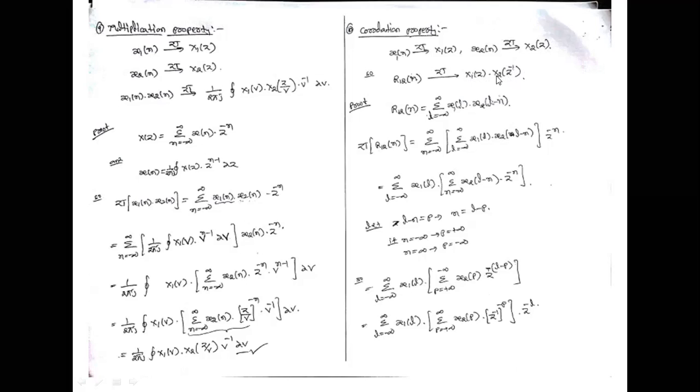Z inverse means the signal is x of minus n. X of z means the signal is x of n. We already discussed that property, the time reversal property. Got it, my dear students?